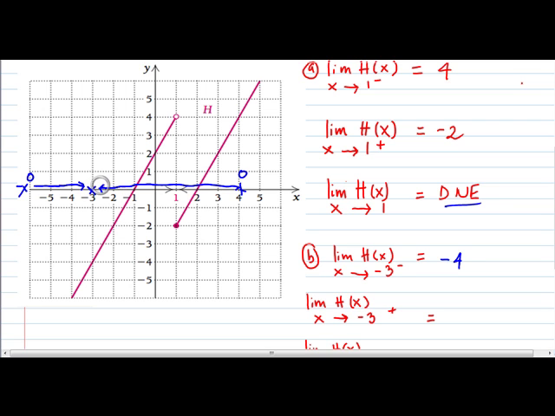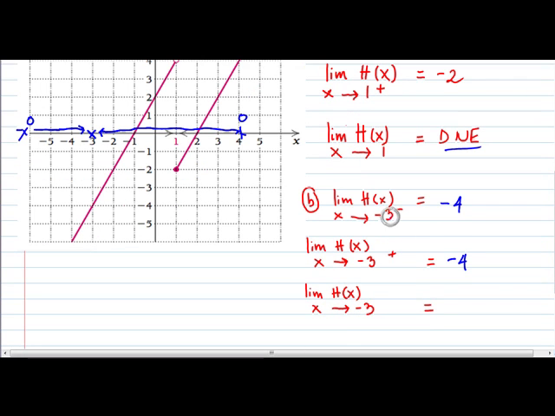When you go very, very close to minus 3 from the right, naturally you look down here to read the function, which is the h value, very, very close to minus 4. Because my limit from the left is the same as the limit from the right, the overall limit is minus 4.